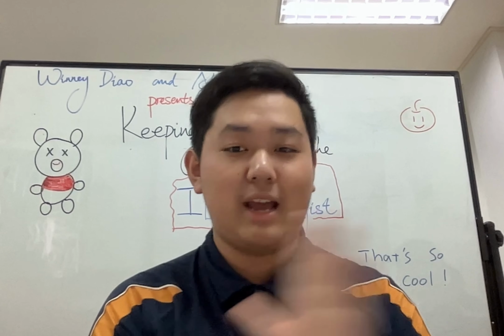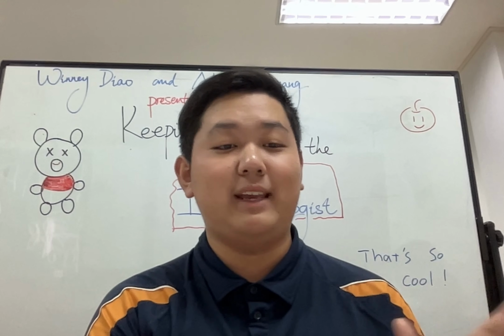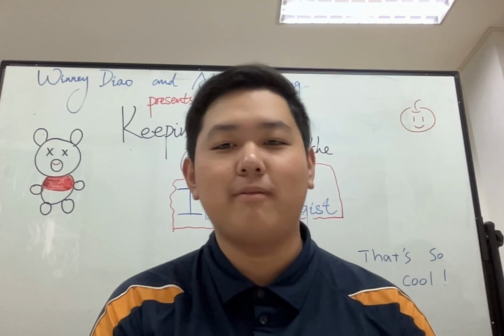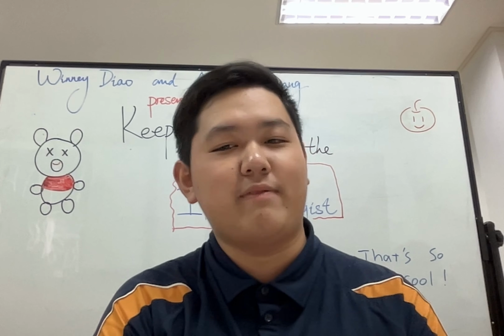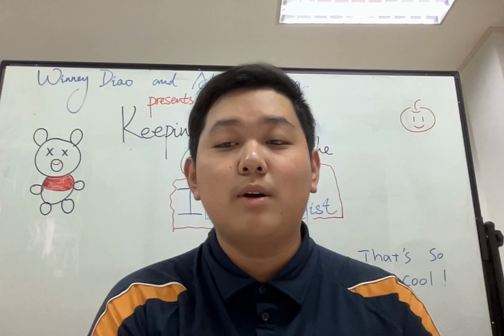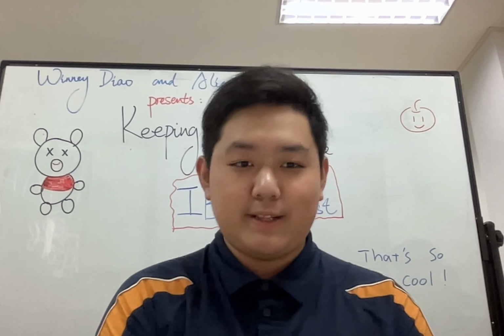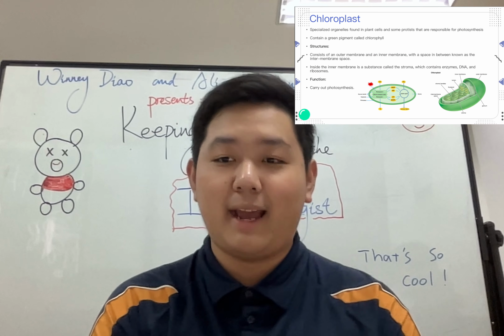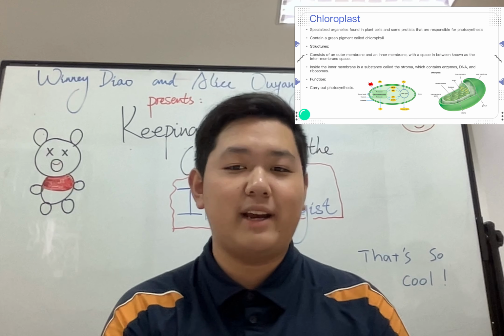Most of the animals don't have chloroplasts, okay? Because they eat, they don't synthesize. All the cool kids have chloroplasts. Whatever. Okay. So, chloroplasts are responsible for photosynthesis, which is the process by which plants convert sunlight into chemical energy.